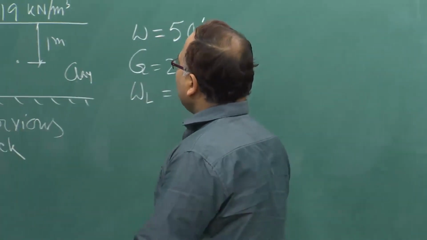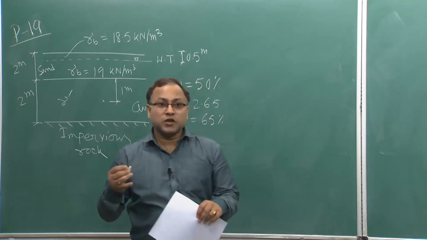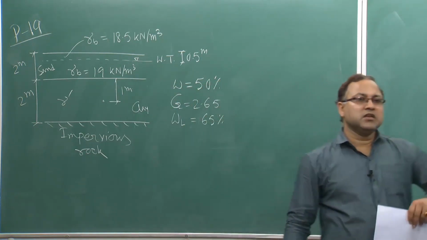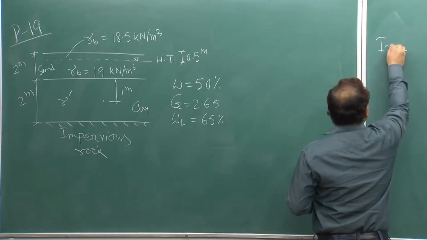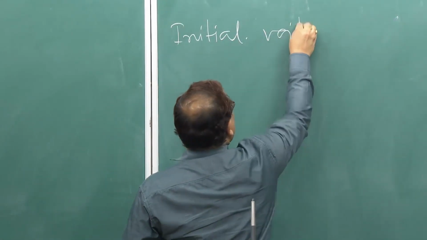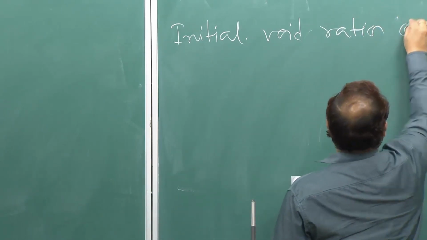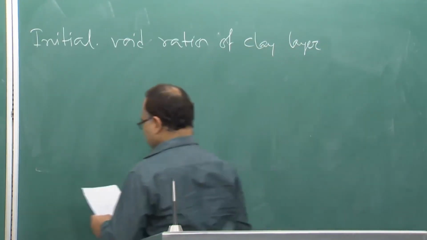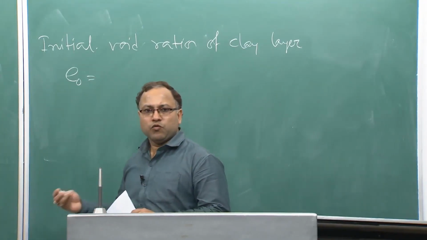Now, we need to calculate the different unit weights at different locations, because your water table is situated at 4.5 meter below the ground level. So, first thing we will do is the initial void ratio of the clay layer, e naught. How can we express this?